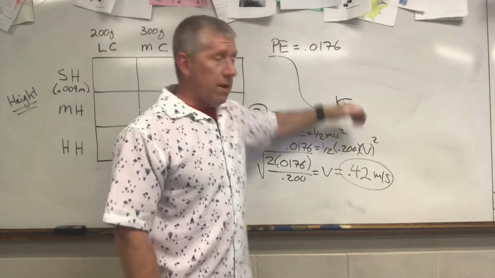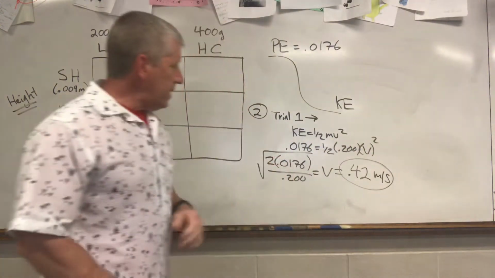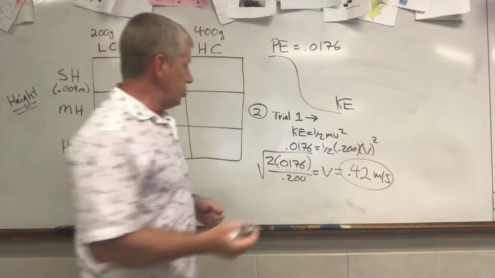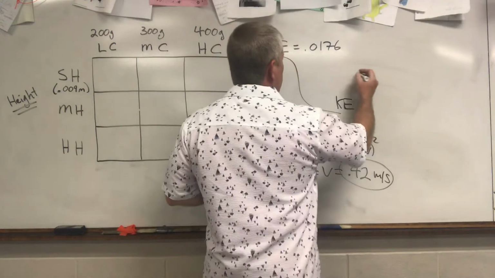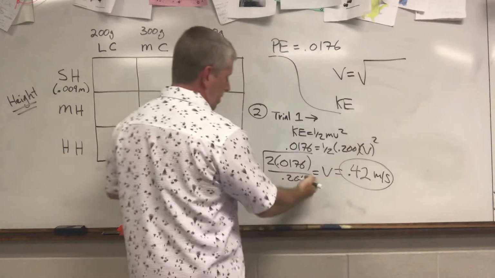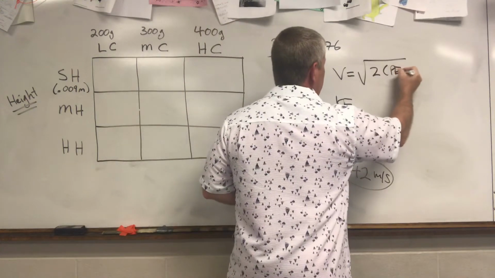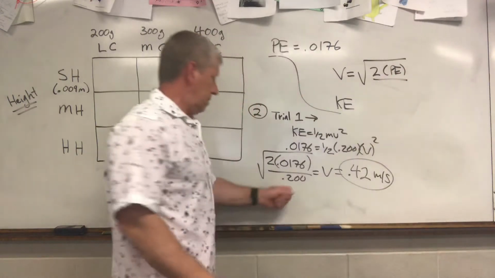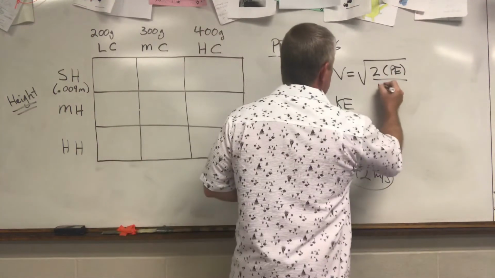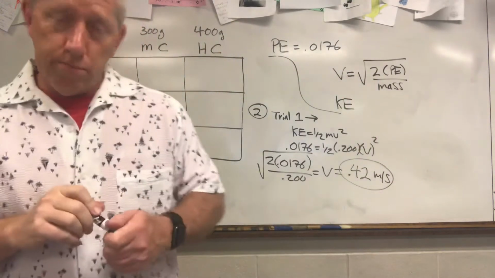Since it becomes kinetic energy, we can then use that to solve for V. So for each one of these, you're multiplying 2 times potential energy divided by the mass of the cart, and that gives you your answer.